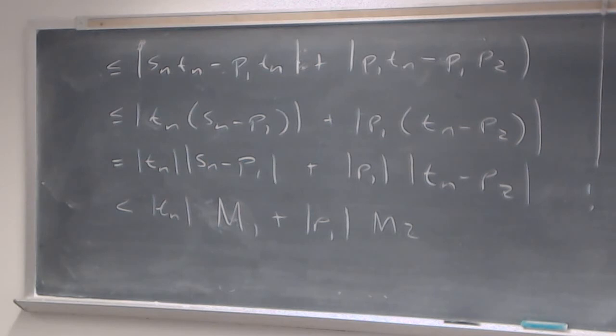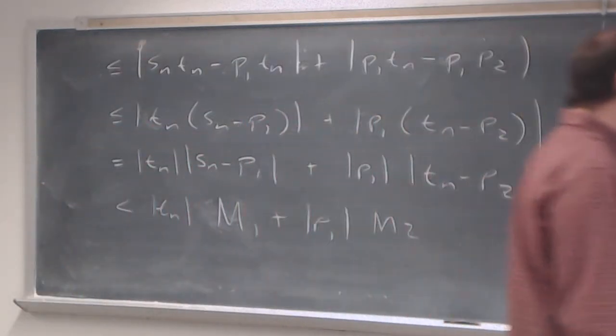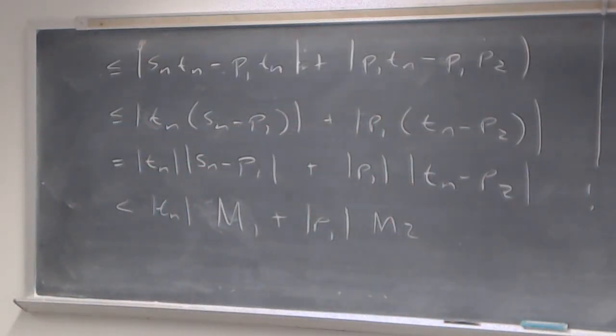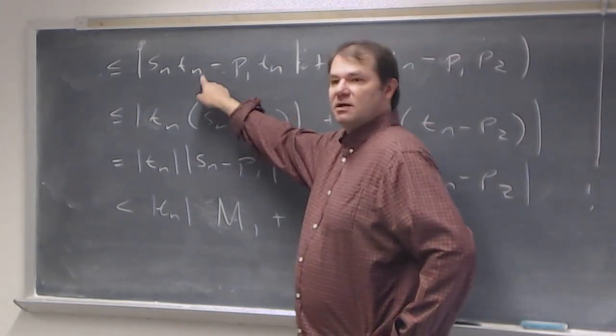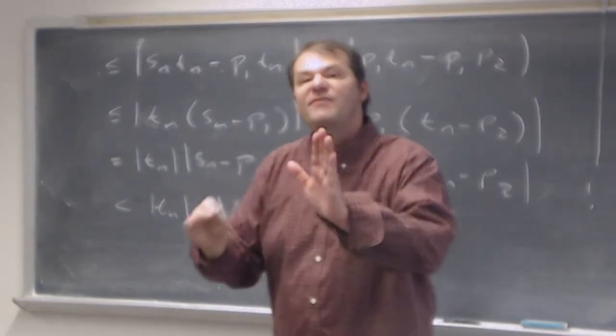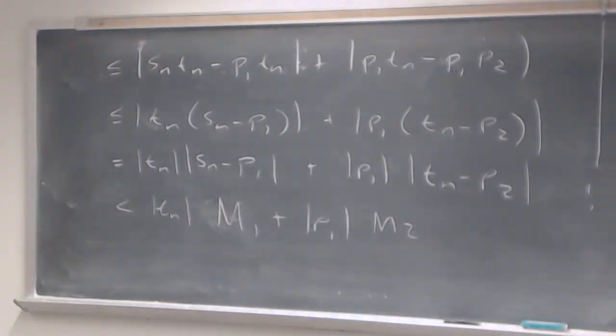Well, here, that is right if you could say this. I was going to do more work. But here you could say we pick a particular T sub n, no, I can't. There's still more work to be done. You see, to pull out this T sub n, this T sub n here is really not a fixed T sub n. We still have this absolute value of T sub n, and it might change depending on the term in the sequence.